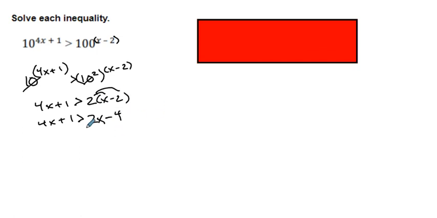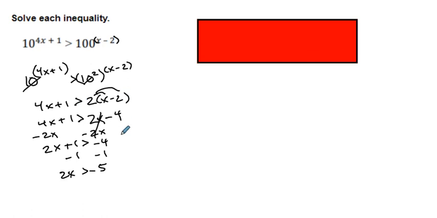Okay, so now I am going to move 2x over here because that'll still give me a positive variable, so I won't have to deal with any sign flipping, which I don't like, because I know I'm going to forget it. Next thing I'm going to do is subtract 1 from both sides, okay? And so that's going to give me 2x is greater than or equal to negative 5.